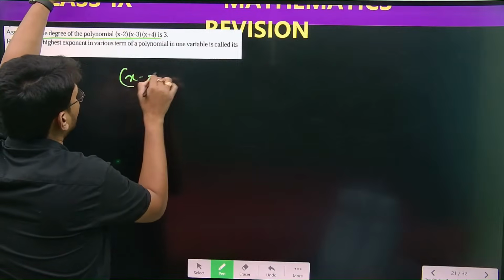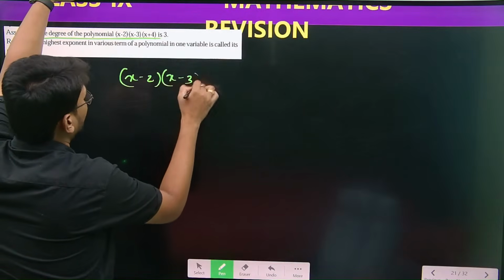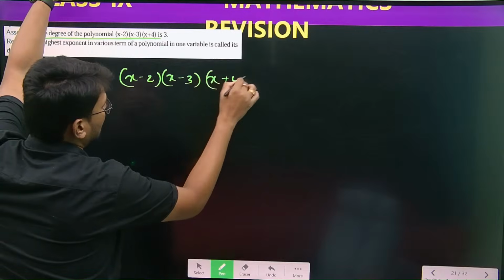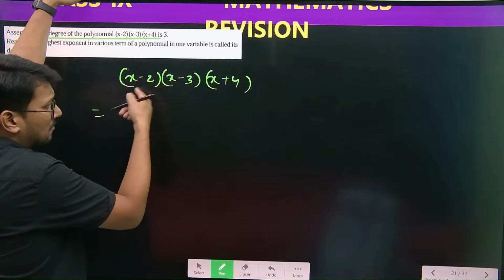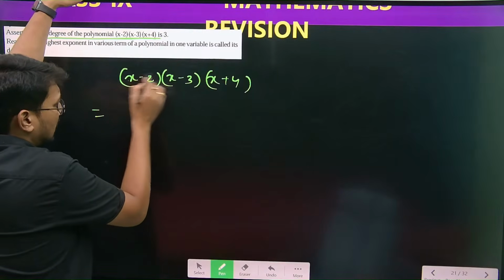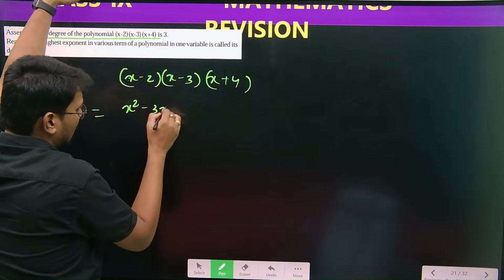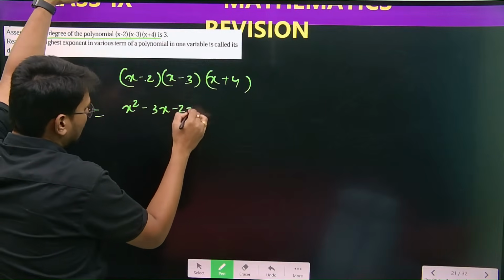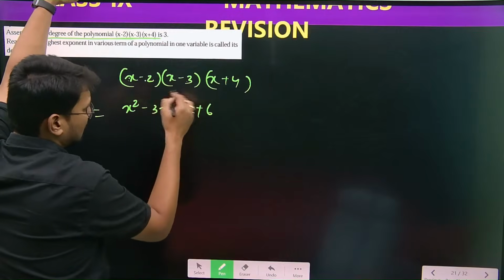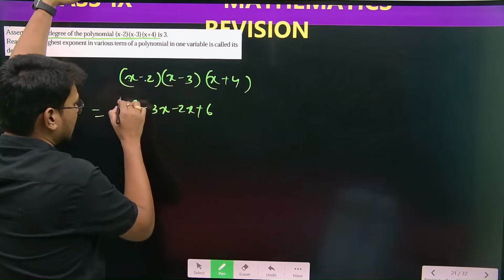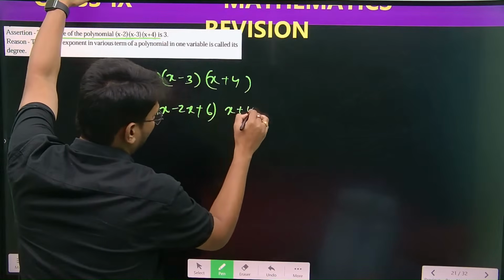x minus 2 into x minus 3 into x plus 4. Let us multiply. I am multiplying this first. x into x is how much? x square. x into minus 3 is minus 3x, minus 2x plus 6, right? 2 times 3 is 6, multiplied by x plus 4.